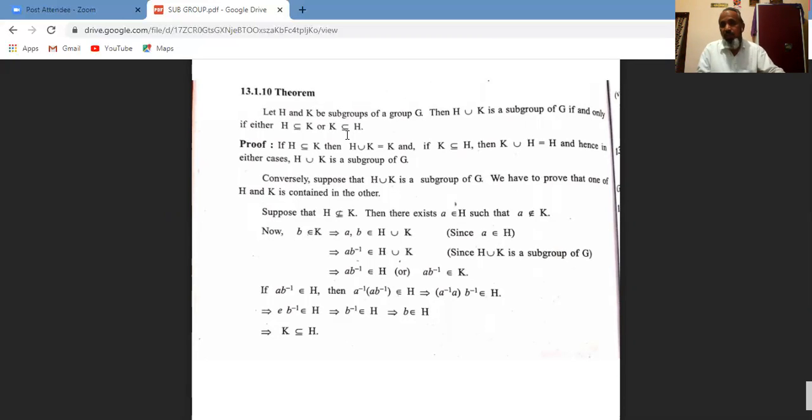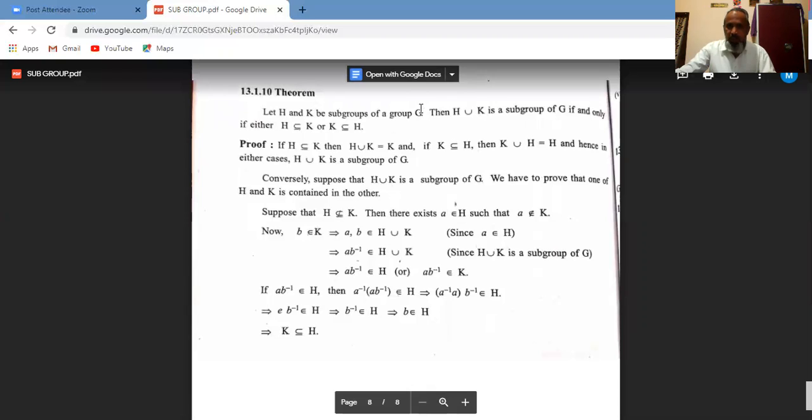H union K is a subgroup of G if and only if there is a condition: either H is contained in K or K is contained in H. Contained means subset. Then only the union of two subgroups is a subgroup of G.